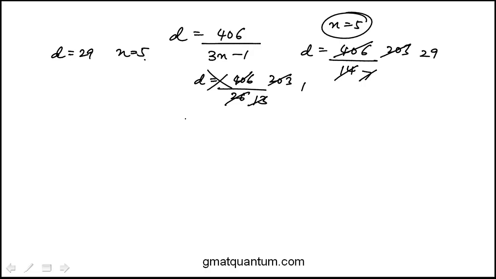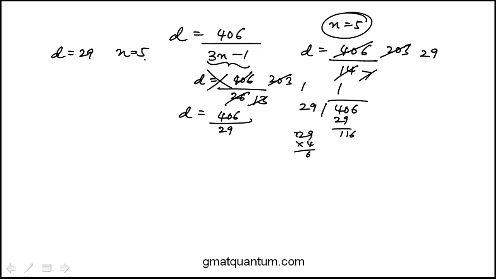So B is out. Then n is 10, so that would be 30 minus 1 is 29. You're going to have to do the division directly. 29, 11, and it's going to be 14. And yeah, that works. So we have another case.